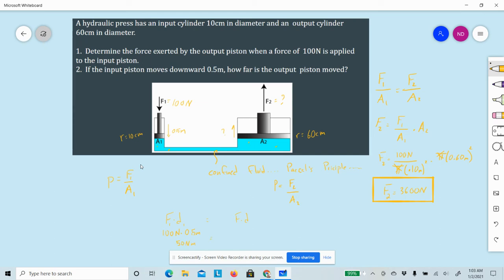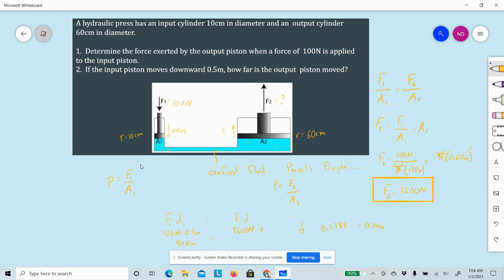The work done over here is going to be 50 newton meters. But this force is 3,600 newtons times some distance. So 50 divided by 3,600 is, let's call that 0.14 meters, 14 centimeters. This thing goes 50. This thing goes this tiny bit.